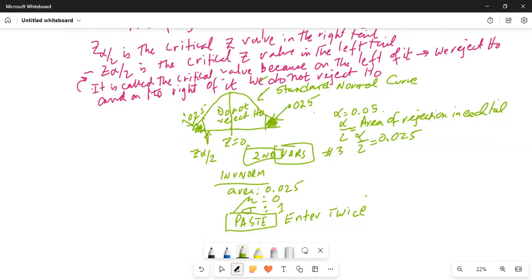Area in the left tail is 0.025, mean is 0, standard deviation is 1. Press enter and enter.